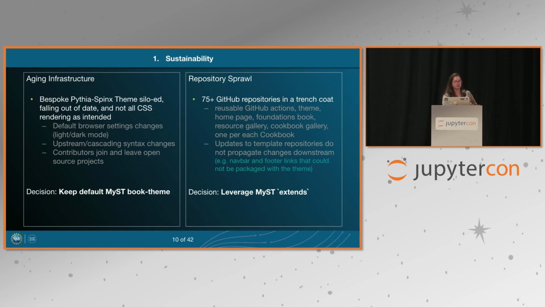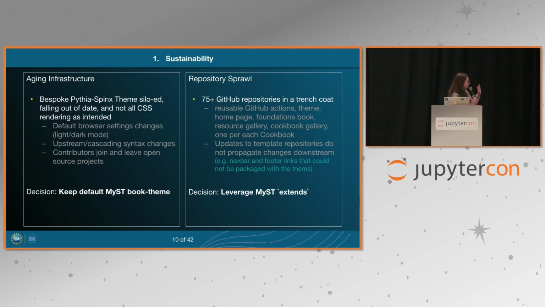Since we launched the project in 2020, some default browser settings with light and dark mode started interacting weirdly with the theme we built. So if you have a light and a dark Jupyter theme and a light and a dark Chrome theme, you have 4 different combinations of light and dark that I was trying to manually chase down, and we would have places on pages I forgot to look at that had black on black text or white on white and things like that.